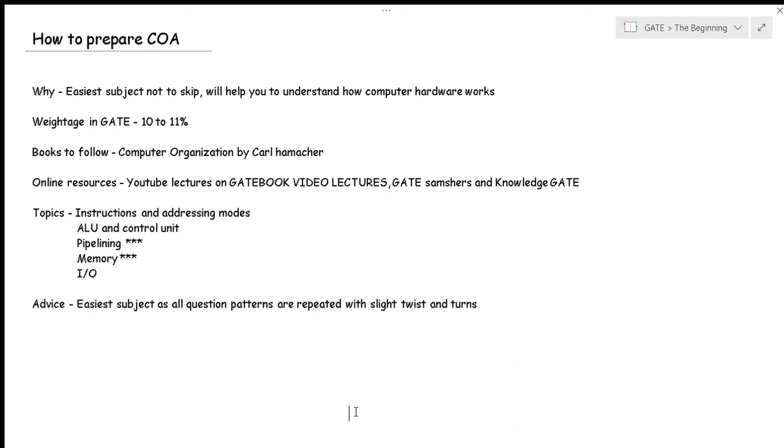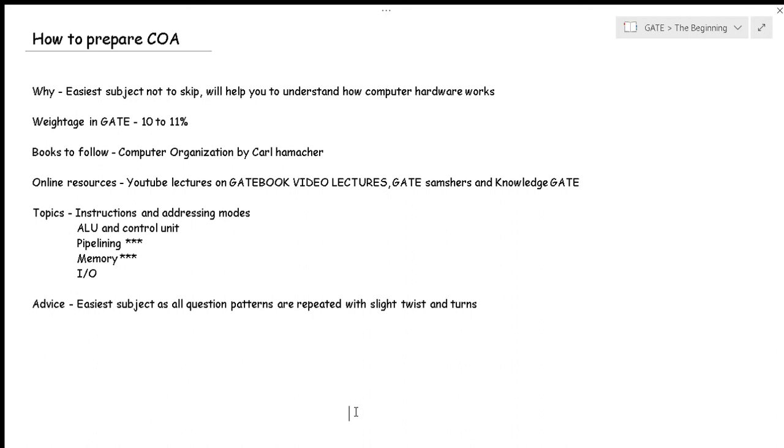So it's not like if you are studying the old things, then those are outdated, because even though the algorithms were developed in the 1970s, 1950s, they are still used today. Similarly, this is also the case with COA. So you will thoroughly enjoy it because you will get to know how it's happening.